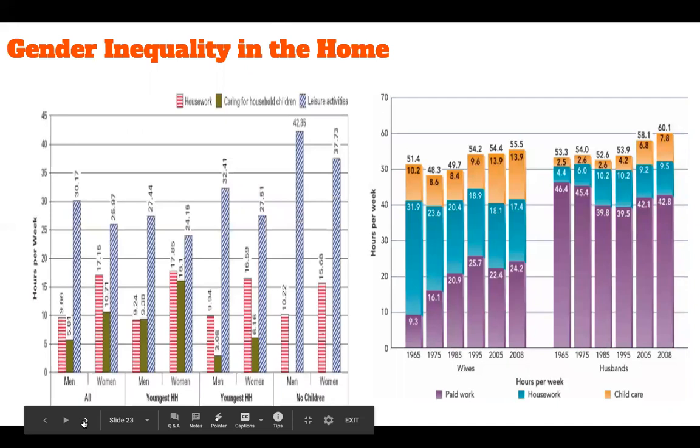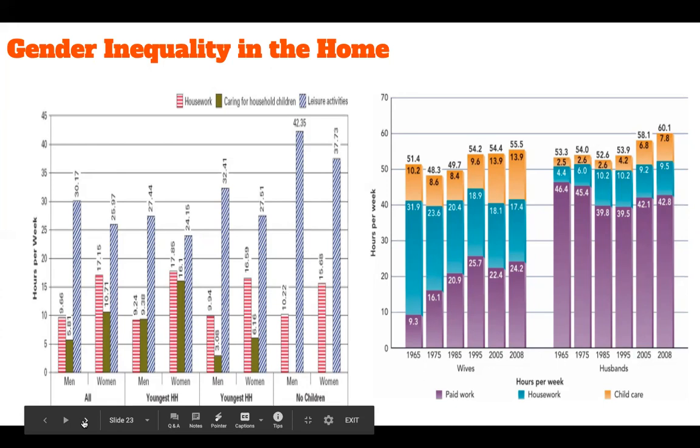What about in the home? Well, the good news is if you're heterosexually partnered with children, your male counterpart is doing more than men in past generations. He is not necessarily doing the same amount of household labor as women.